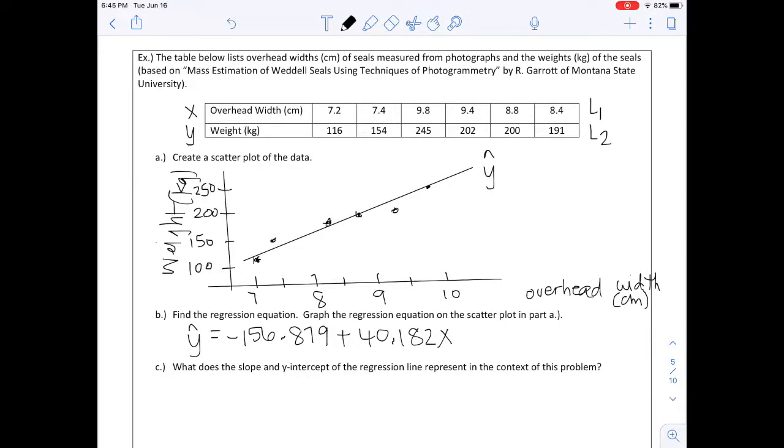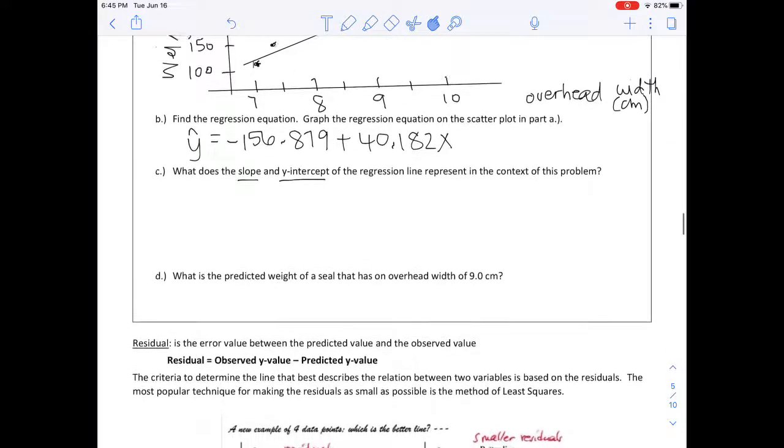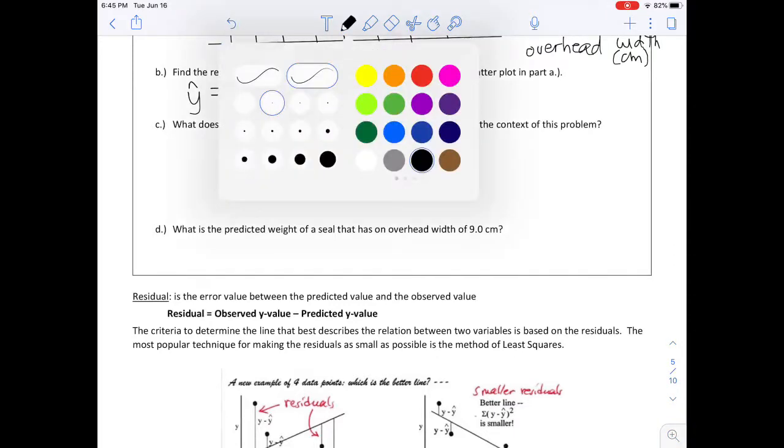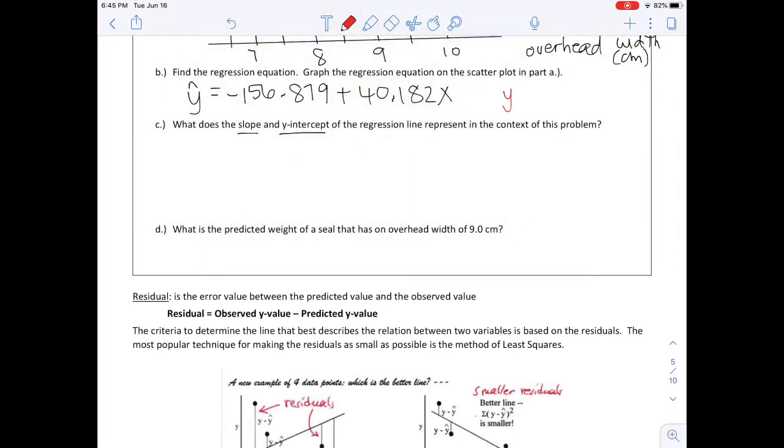Part C says, what does the slope and the y-intercept of the regression line represent in the context of this problem? So from algebra, we know that we had y equals mx plus b. And I'll go ahead and write that over here on the side. I'll change the color. So we have y equals mx plus b from algebra.